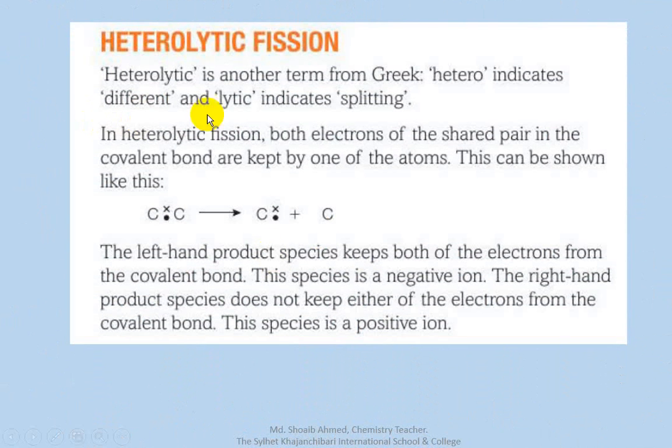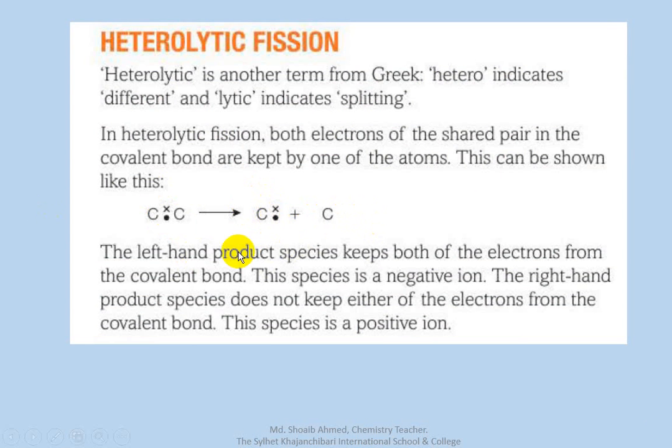Okay, heterolytic fission. Heterolytic is another term from Greek: hetero indicates different, and lytic indicates splitting. In heterolytic fission, both electrons of the shared pair in the covalent bond are kept by one of the atoms. This atom keeps two electrons and the other has no electrons.